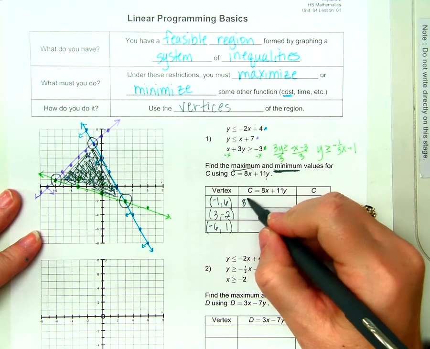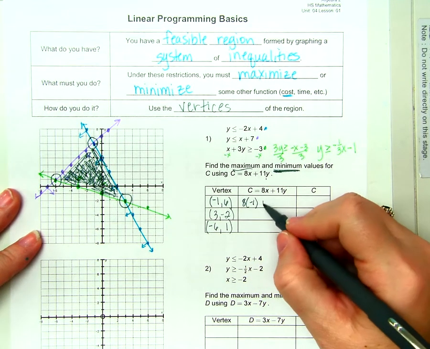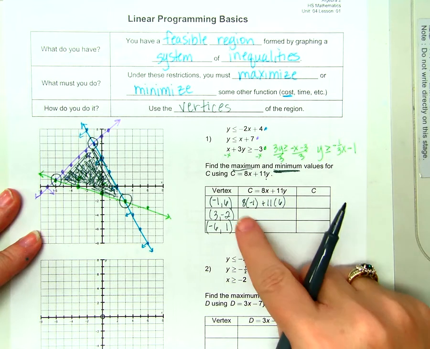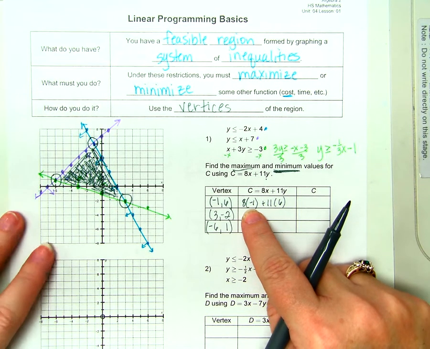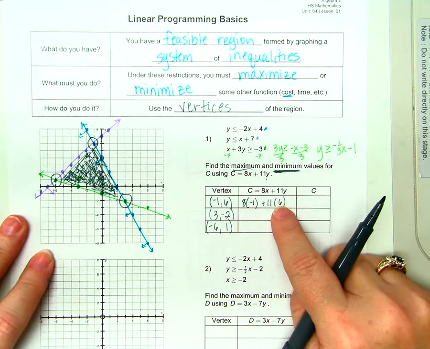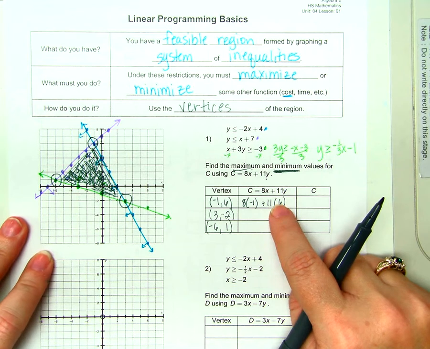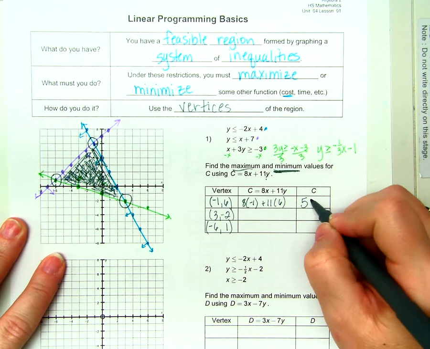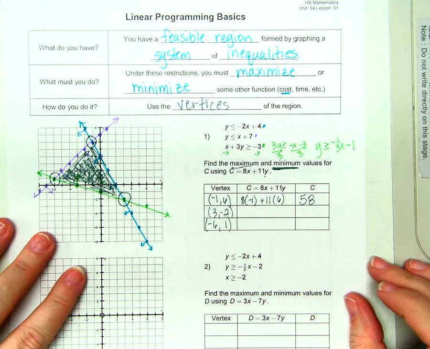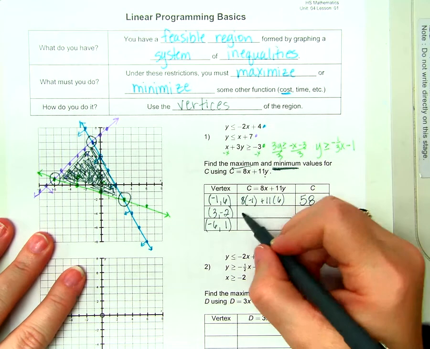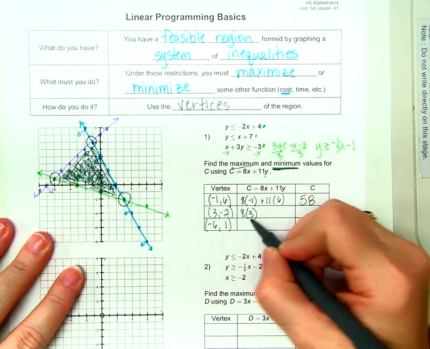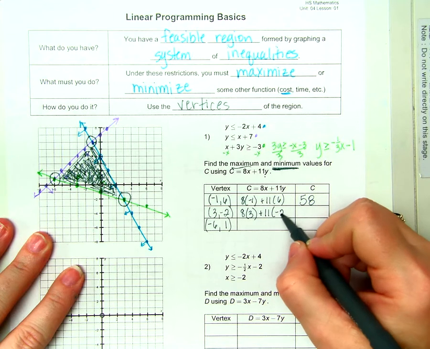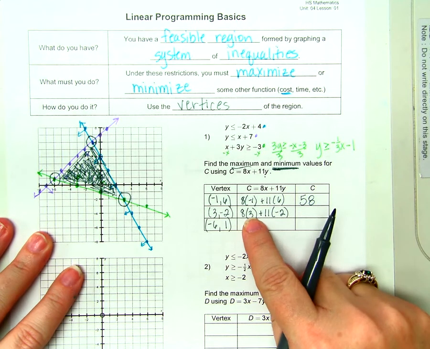So 8 times -1 plus 11 times 6. 8 times -1 is what? -8. 11 times 6 is 66, and -8 is 58. 8 times 3 plus 11 times -2. What's 8 times 3? 24.